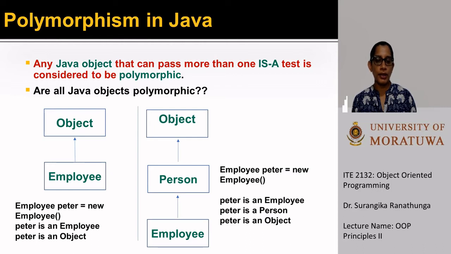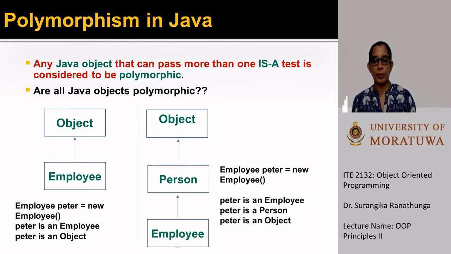Now suppose we create an employee object. On the left hand side, let's say Employee peter equals new Employee. Since we create Peter using our employee class, we say Peter is an employee. And since the employee class is a subclass of the Object class, we can also say Peter is an object.